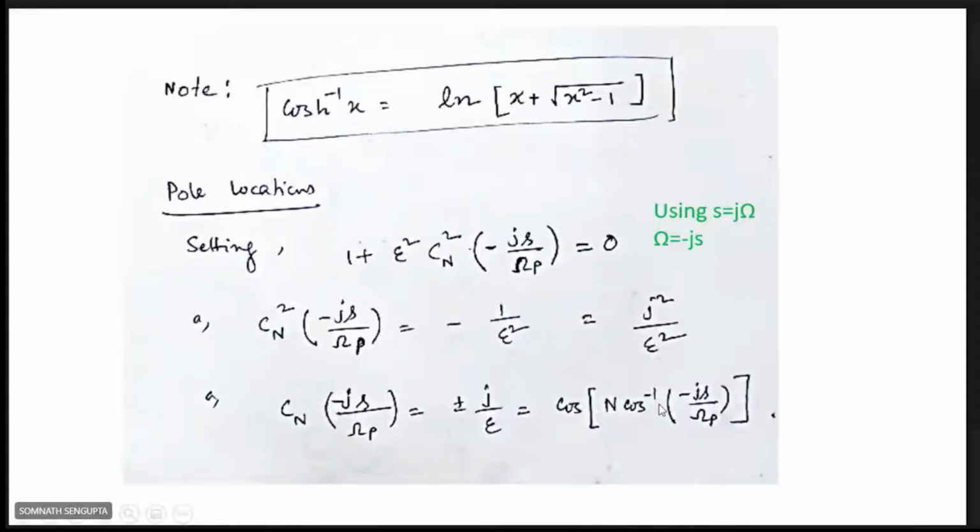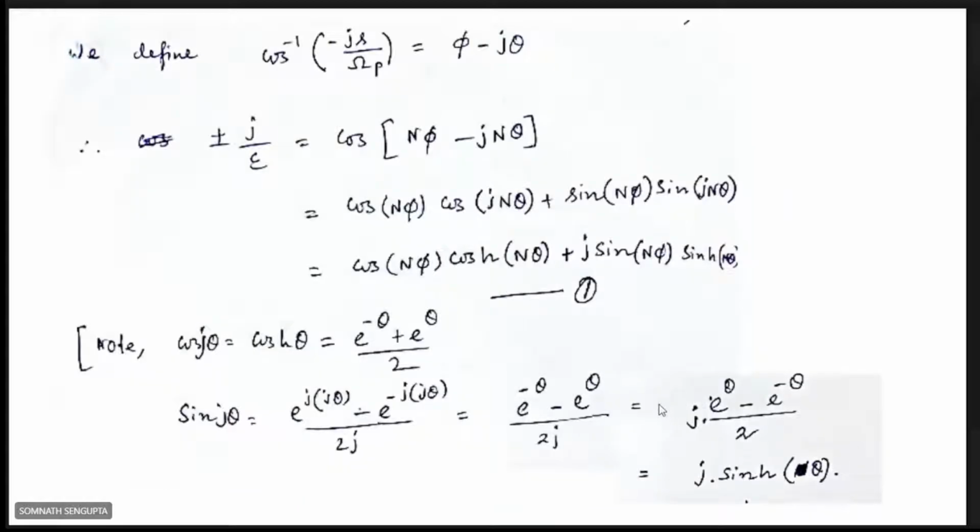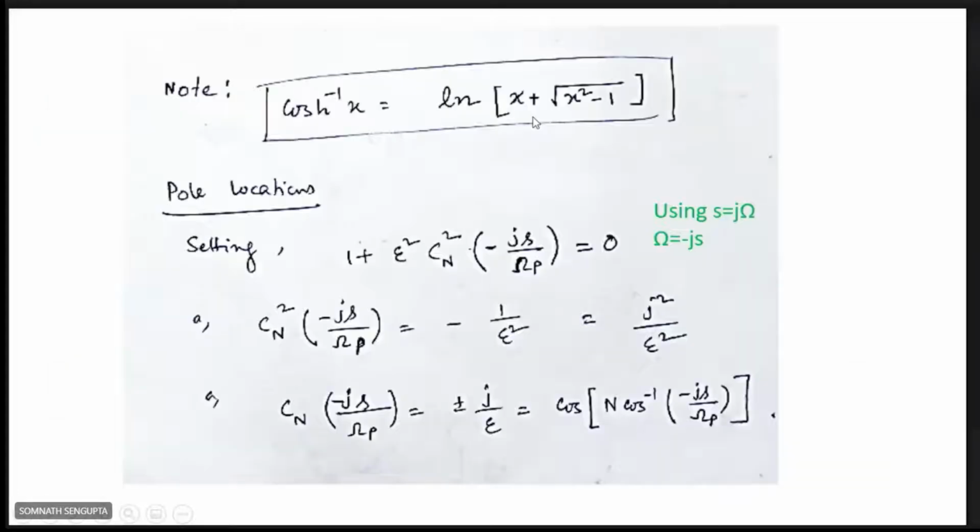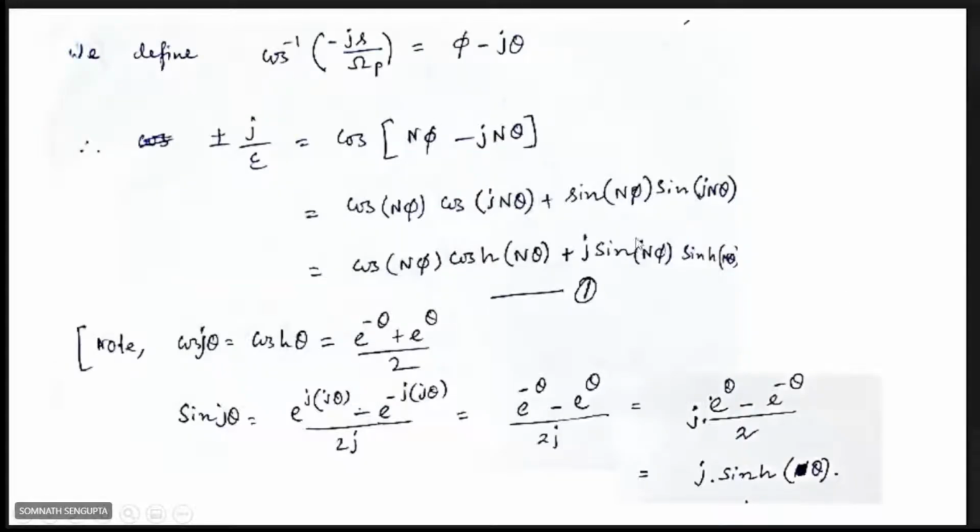Now let us say this cos inverse of minus js by omega p is a complex term, so we write it in terms of some suitable variable, say phi minus j theta. Let us say cos inverse of minus js by omega p is phi minus j theta.